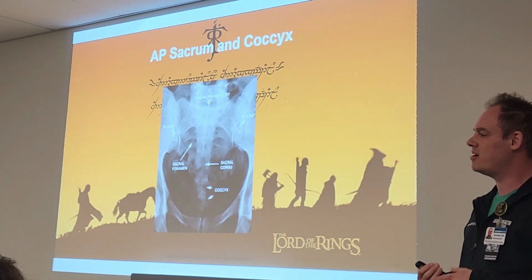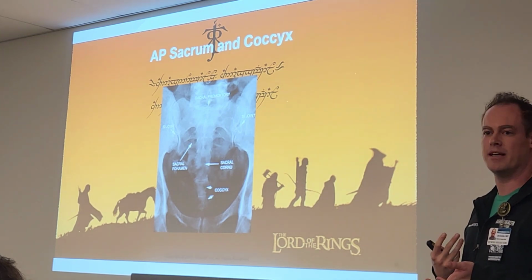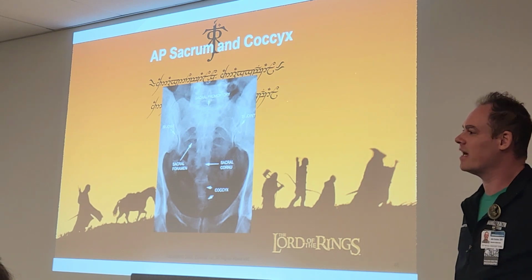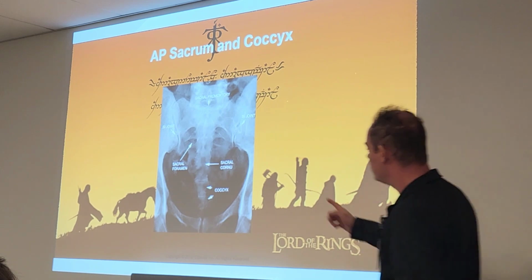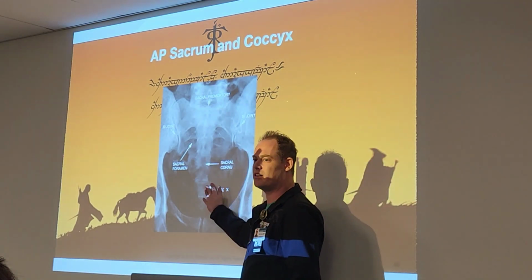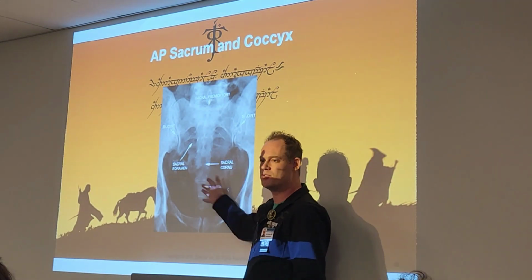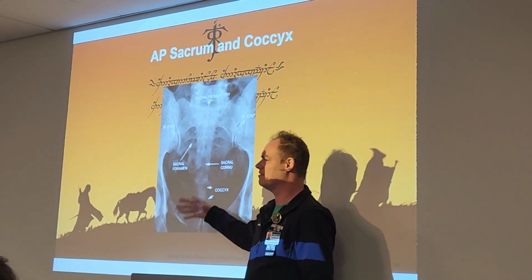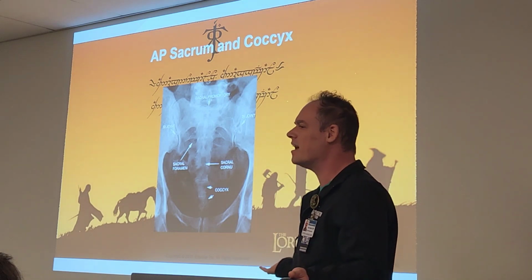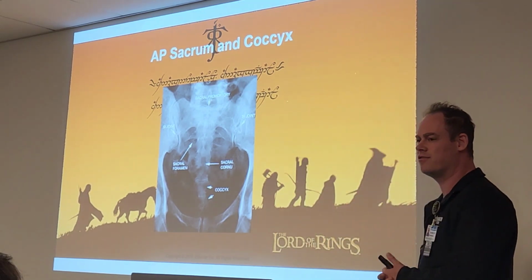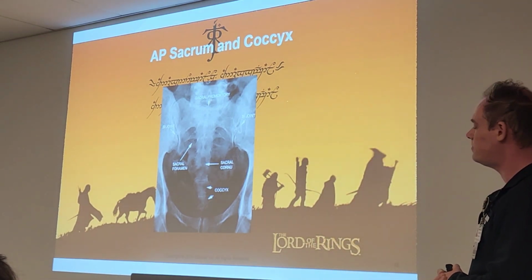So if they're really gassy or they have a lot of backed up feces they need to eliminate, they can actually cause a lot of pain in that area. So you'll see a lot of times when you do these, instead of this pretty image, you'll see just a bunch of black blobs right here covering up the whole area. That's usually when they can be like, well, that's the problem. There's nothing wrong with the sacrum coccyx. They're just gassy or they need to go to the bathroom. Take a laxative.